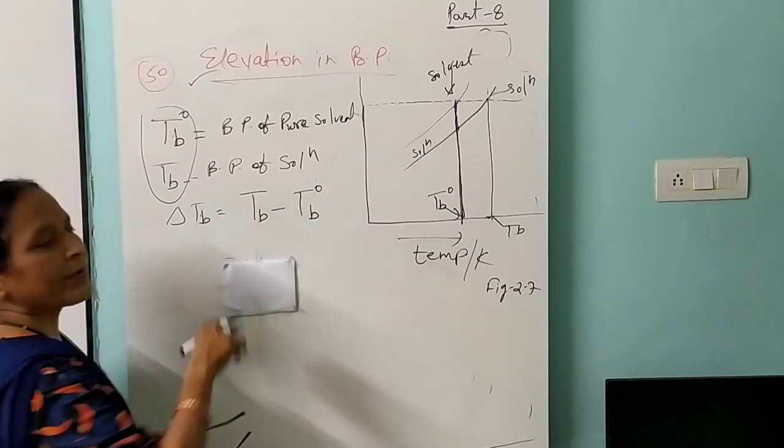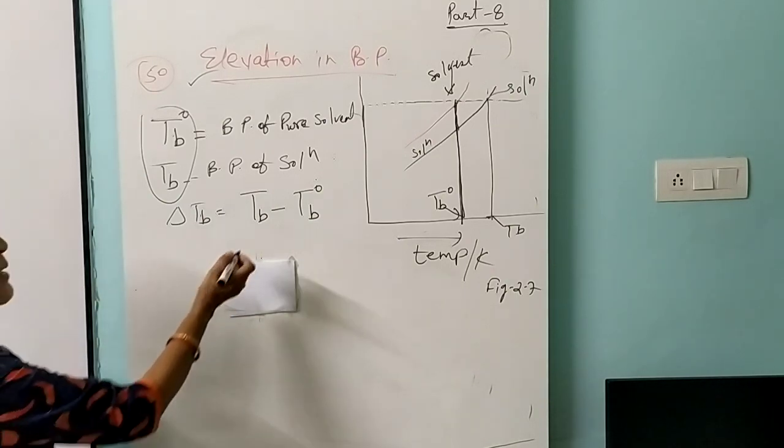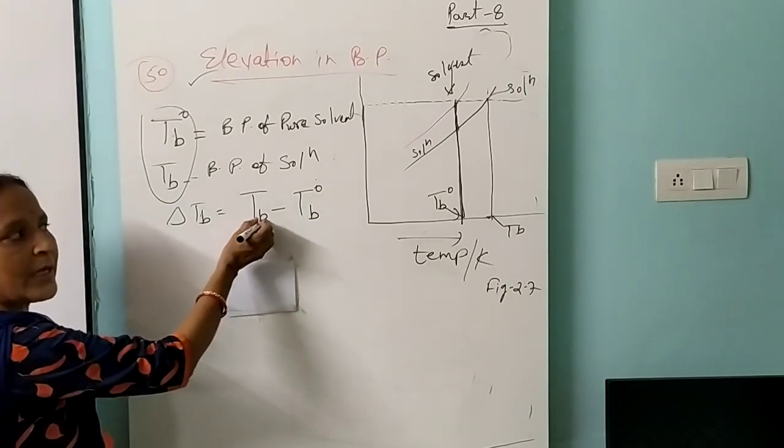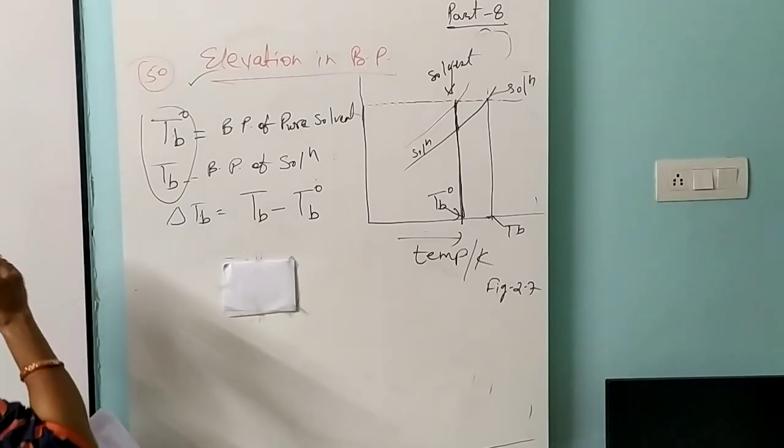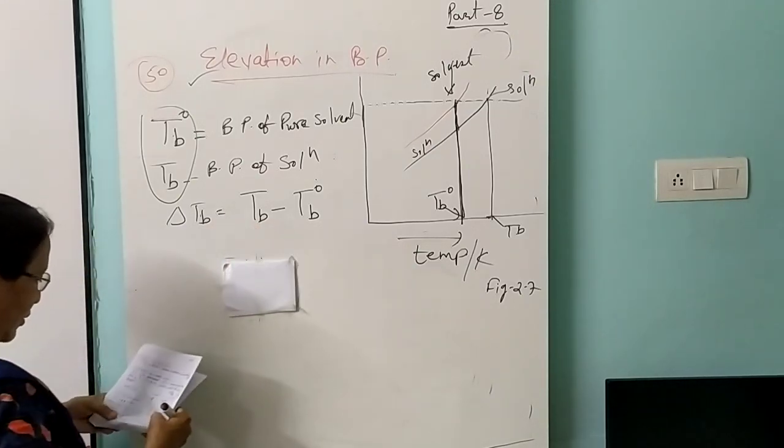Here T is the absolute temperature and B is for boiling point.